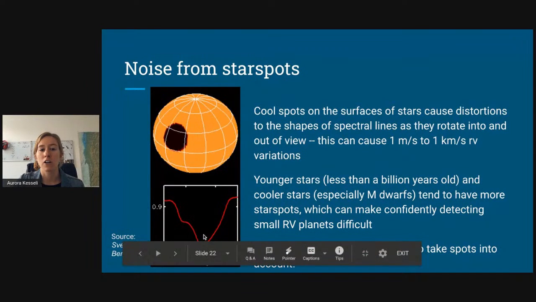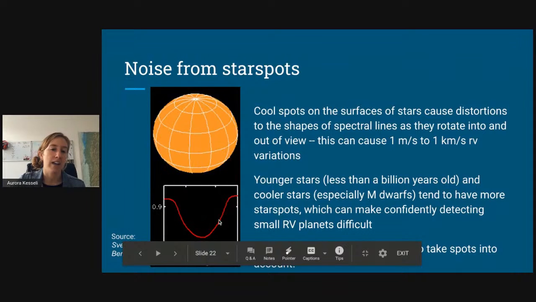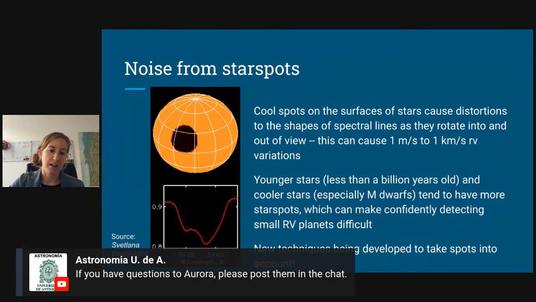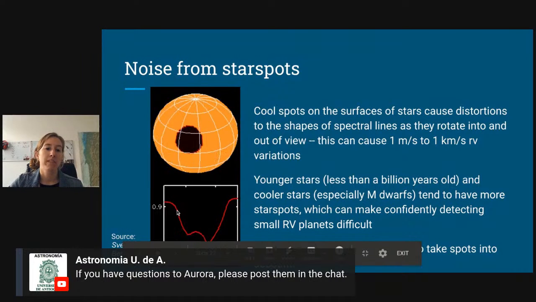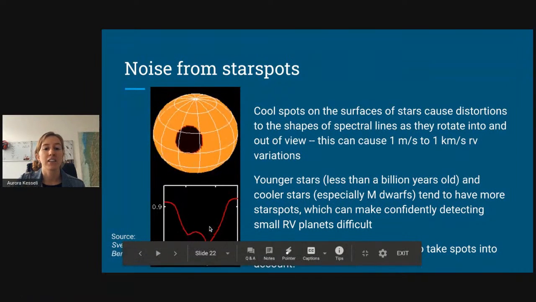And then as the star spot moves away and out of the line of sight, we get less flux on the red side of this absorption line. And so if you then try to measure the radial velocity, when the spot is over here, you're going to measure the center of the radial velocity a bit on the bluer side. But when the spot is over here, you're going to measure the center of the radial velocity a bit on the redder side.